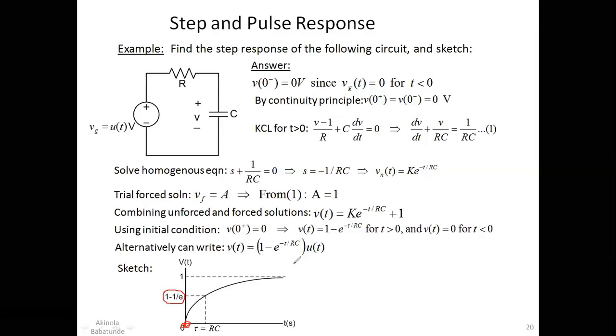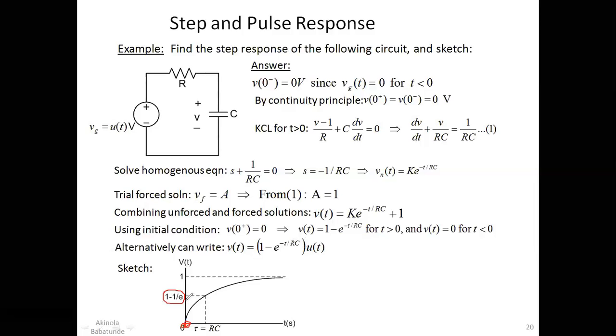Then you move on and ask, what happens when t is equal to 1? You have exponential minus 1 over rc here when t is equal to 1. Don't forget that our tau is always equal to rc. So you can take the exponential of all sides, and eventually you will find that v of t will be equal to 1 minus 1 over e.